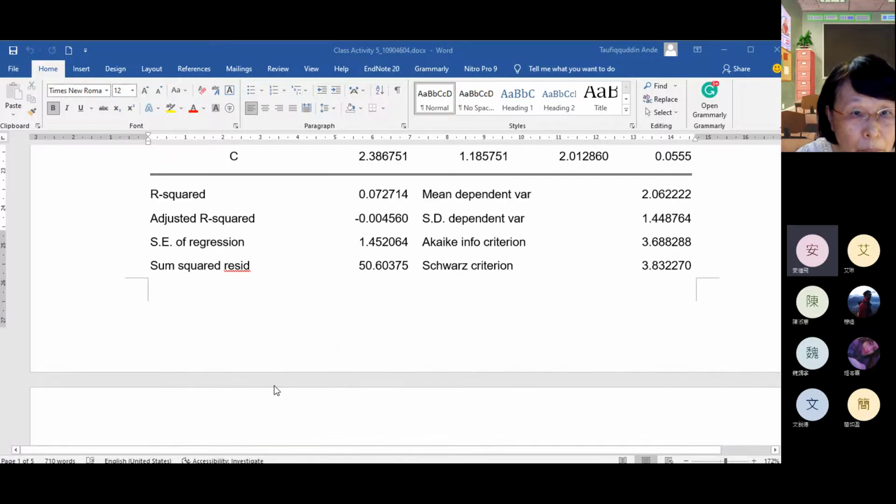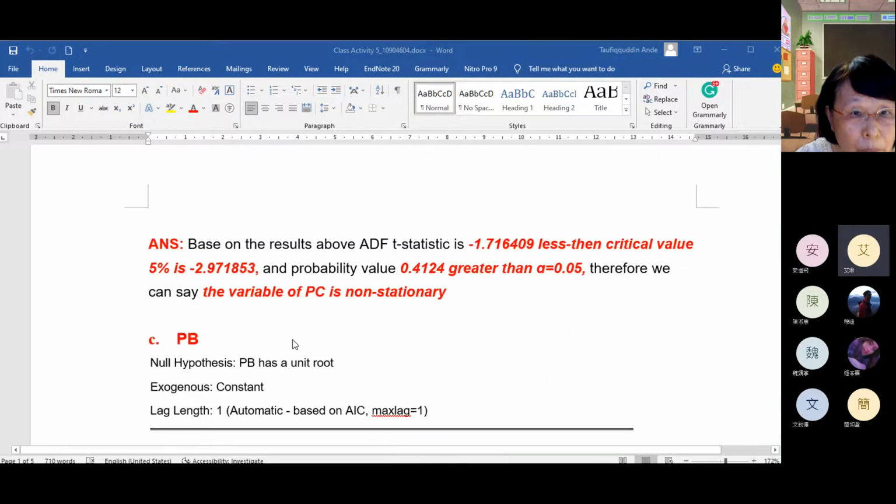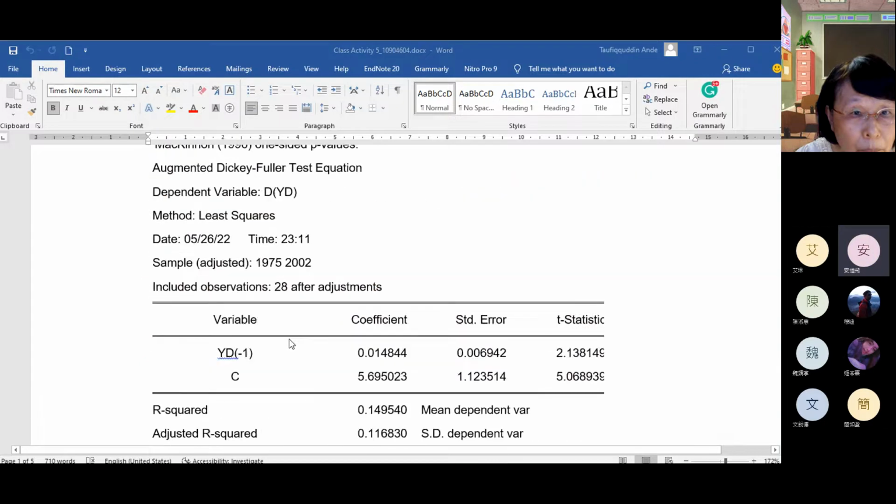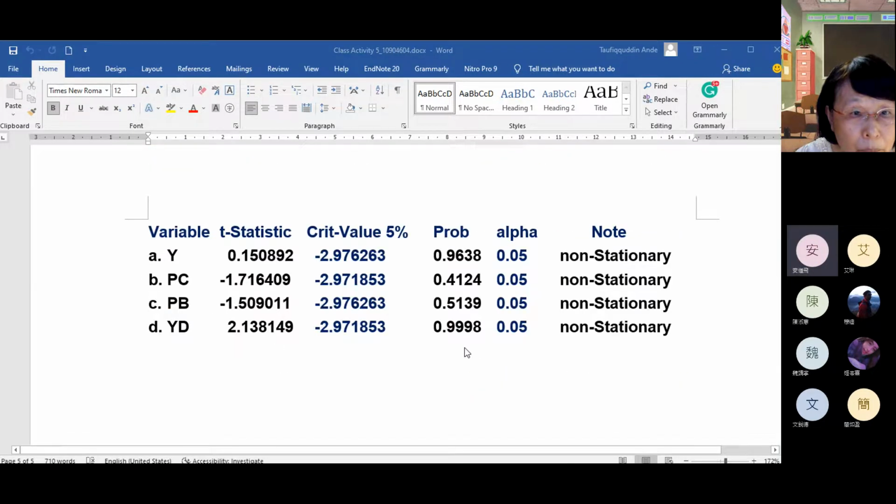And then I made the conclusion here. For variable Y, the statistic is 0.1508, and the critical value at 5% is negative 2.97, probability 0.9, and alpha 0.05, which means non-stationary.